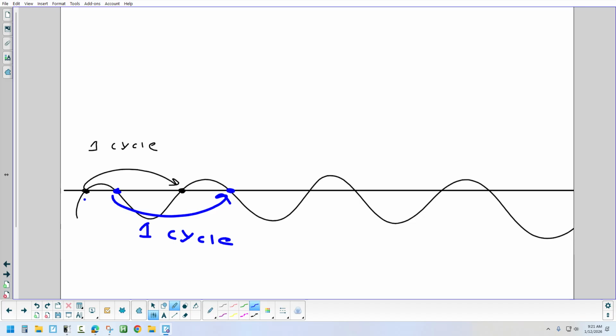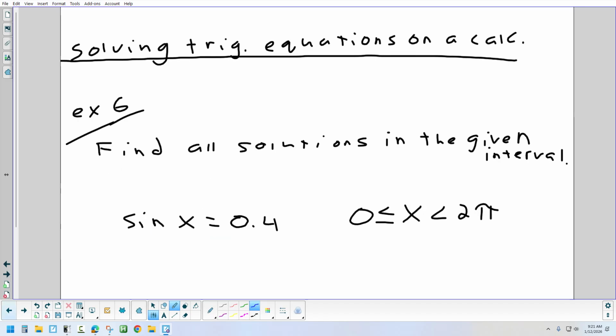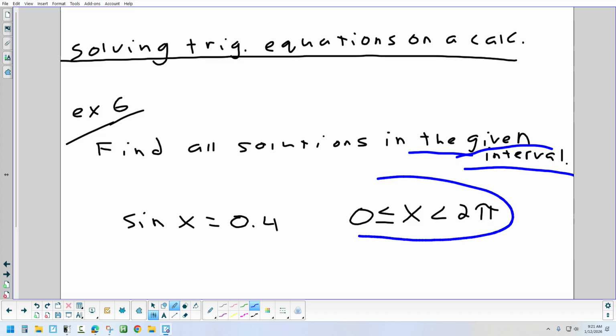If they ask us to write all solutions, that's what we do. If they ask us to only find solutions in a given interval, then we don't have to worry about saying that the answer repeats. All we have to do is set the window on the calculator to go between 0 and 2 pi and literally calculate every single intersect from 0 to 2 pi.